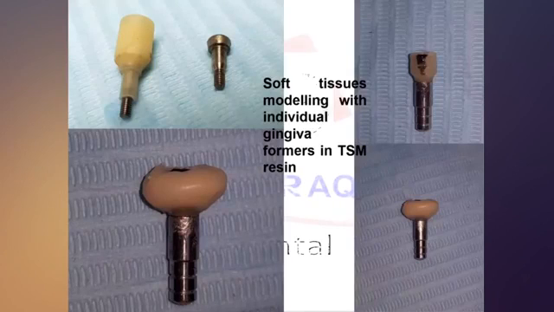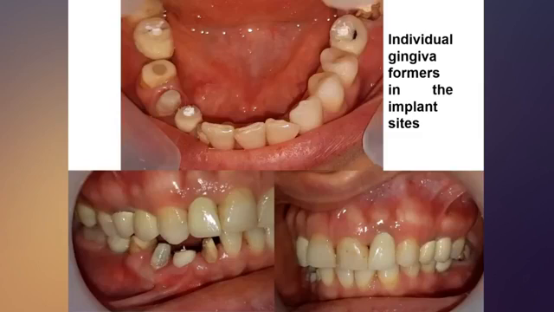And now we can modulate the soft tissues. I would have done it, let us say now, in one stage. But before, I wouldn't like to risk it a lot, since the split crest is also something that would not allow us to make lots of bone pressure.